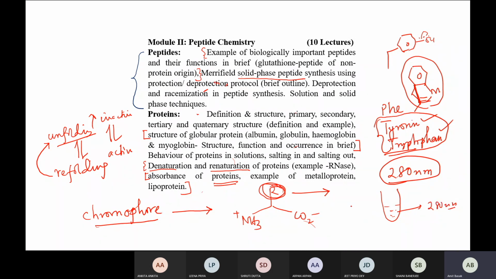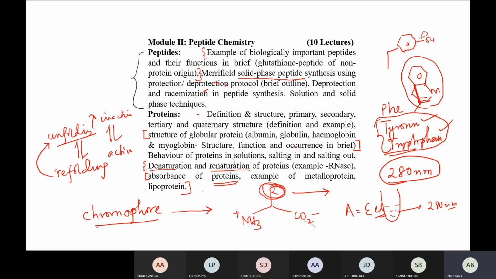That is the absorbance, and that is directly connected to epsilon Cl. If you know how many tyrosines and tryptophans are there, you can estimate the protein by measuring at 280 nanometer. That is basically the absorbance in proteins.